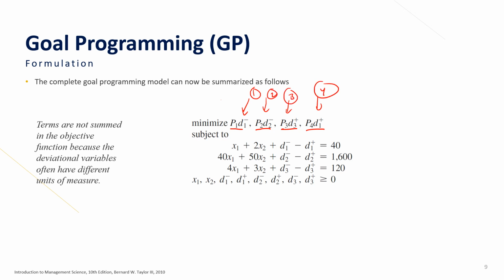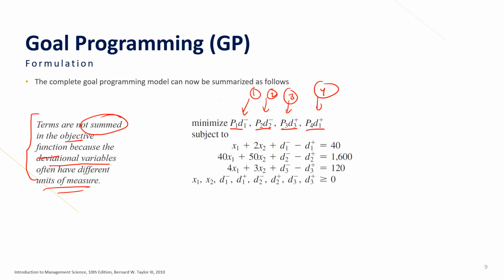And you can see that the terms in the minimize function here are not being summed, not plus P2 d2, no, because the objective function represents variables that might have different units of measure.